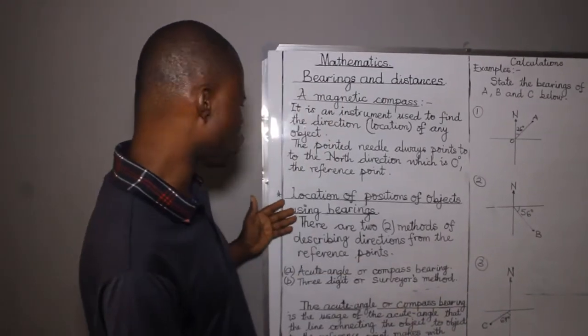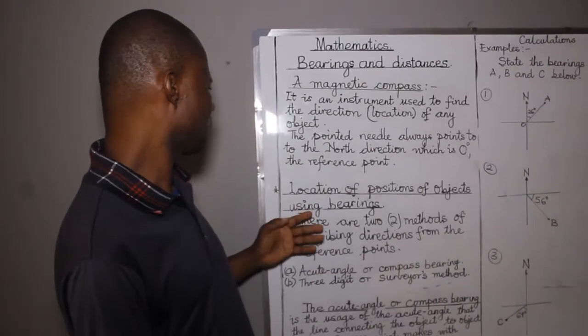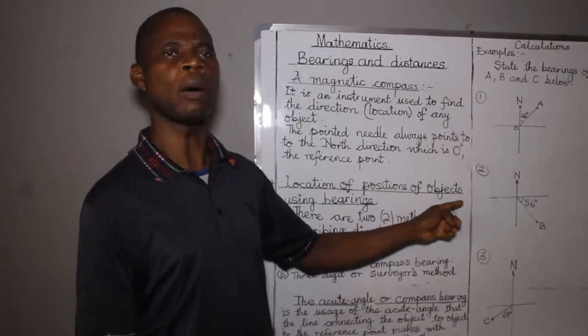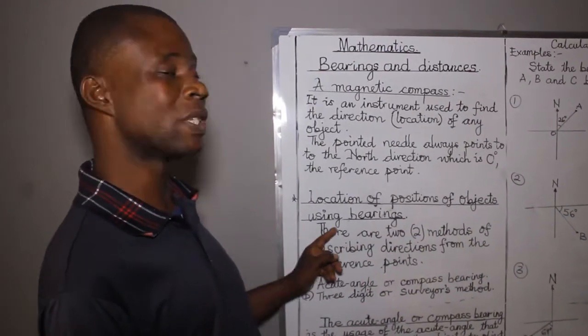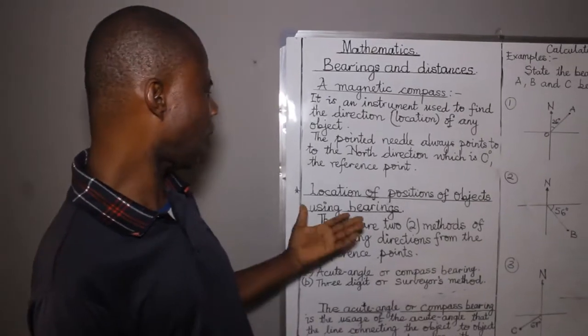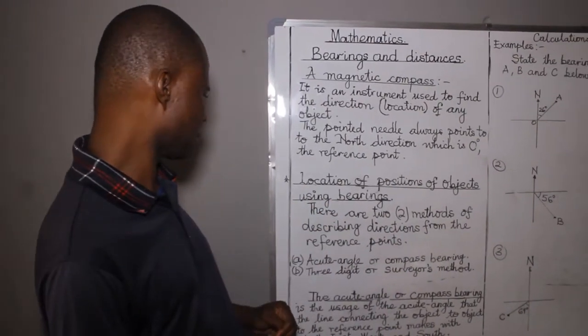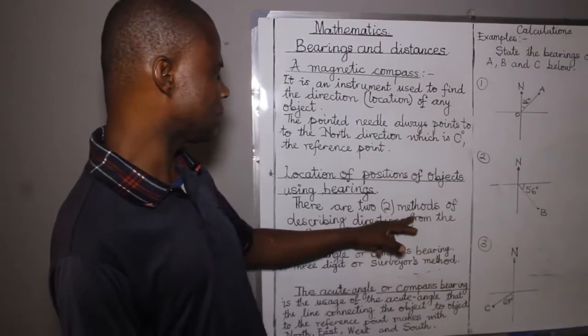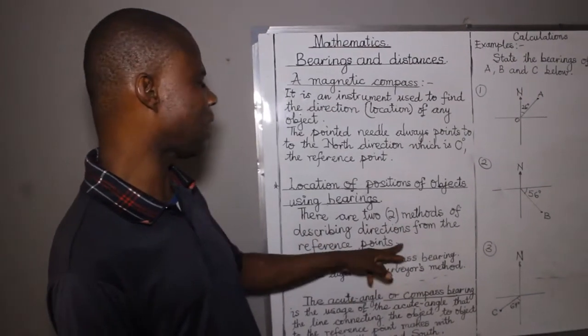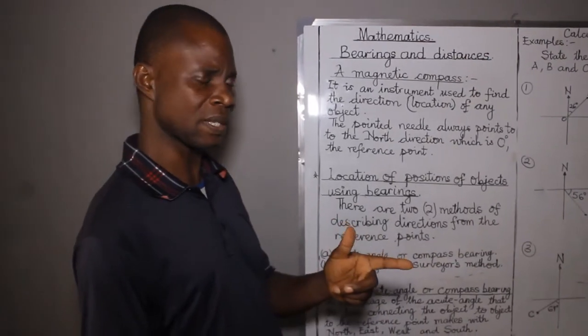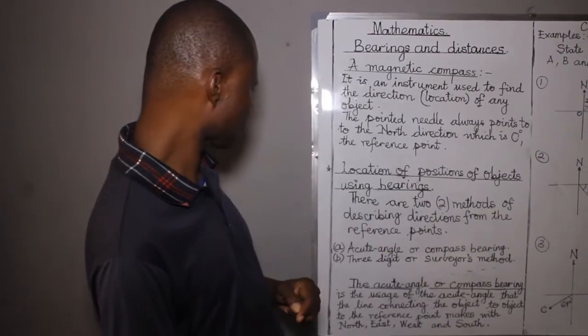Now we're going to go further by taking a look at location of positions of objects using bearings. How do we do this? We have two methods of describing directions from the reference point, which is the 0 degrees, that is the north.